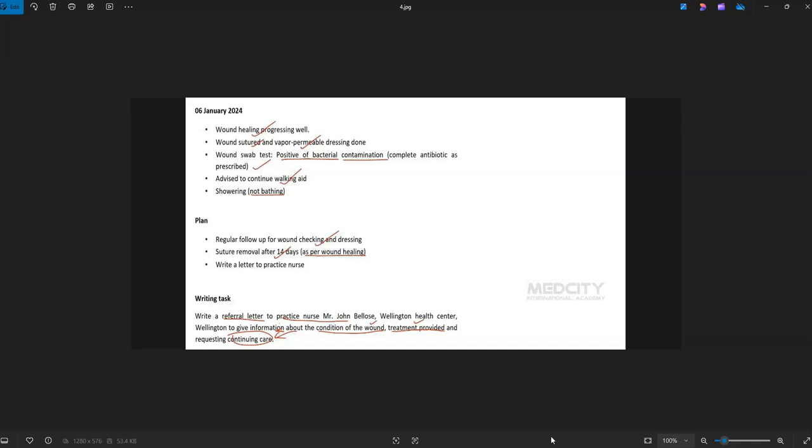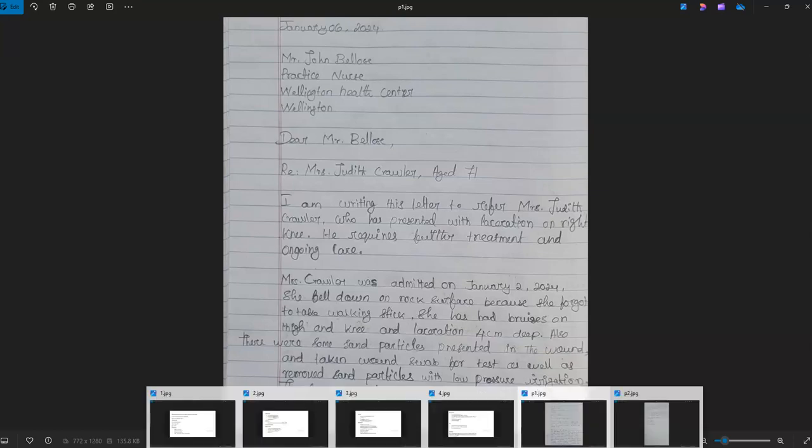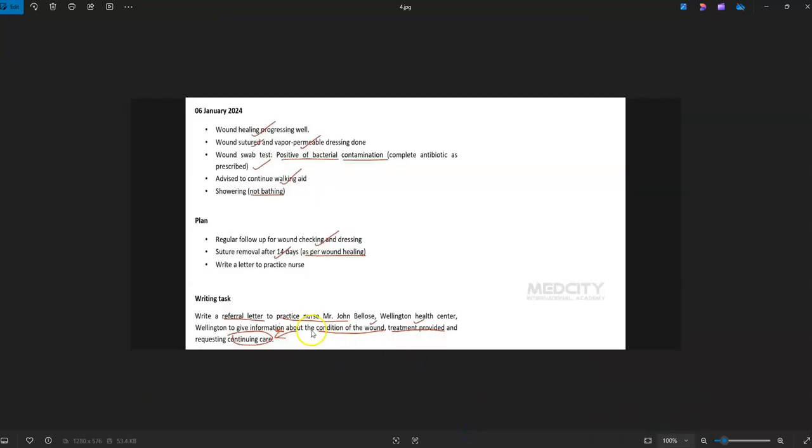So I'm writing to inform you. You don't have to say this is a referral. We kind of get that. To refer her for what? So I'm writing to inform you about the wound condition of Mrs Crawley, who was recently admitted due to a wound sustained, blah, blah, blah, and to request continuing care.